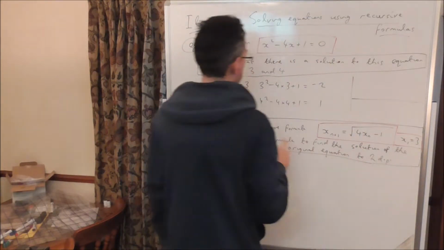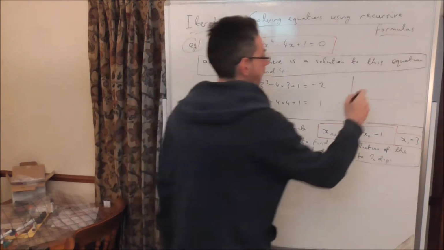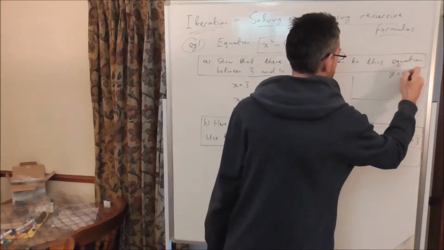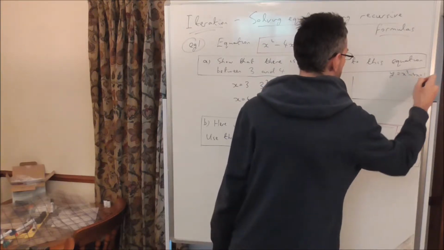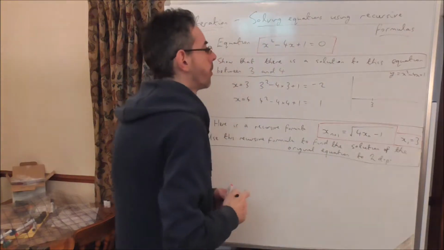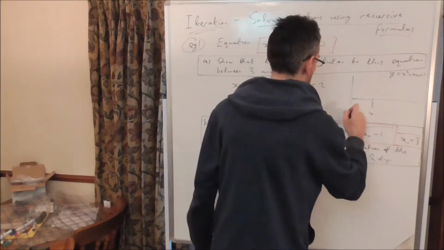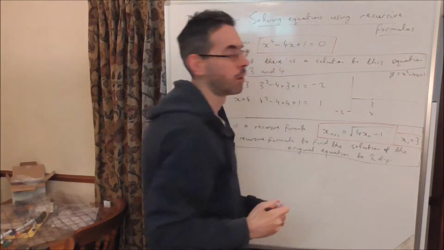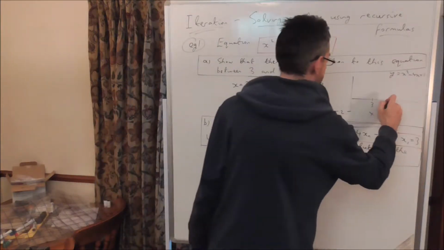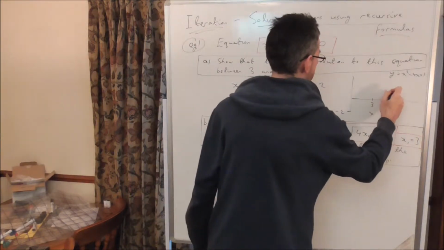If you imagine drawing a graph of this expression, y equals x squared minus 4x plus 1. When x is 3, if you put that into this expression, you get minus 2, so the y value would be minus 2, down there. When x is 4, you get an answer of 1, so the y value would be 1.